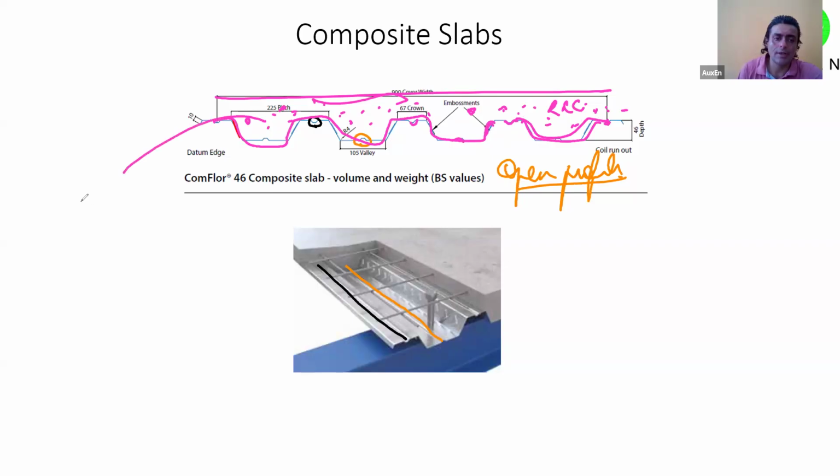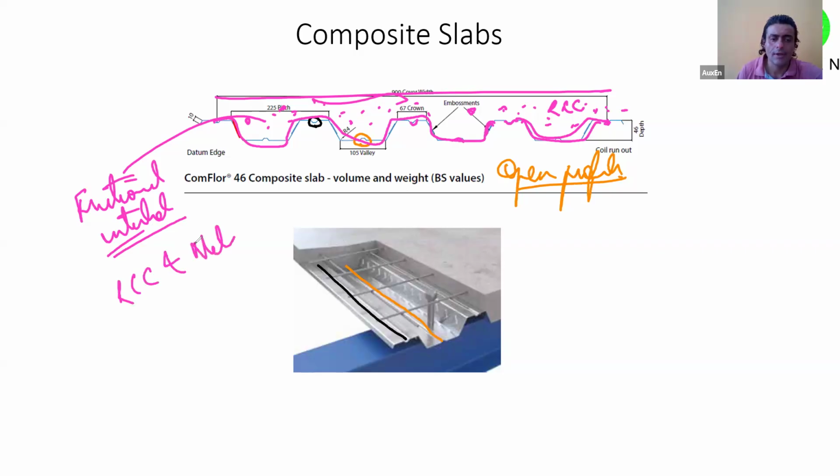These embossments and these dimples and these ribs help you to provide frictional interlock between the concrete and metal deck. So they act as shear connectors.